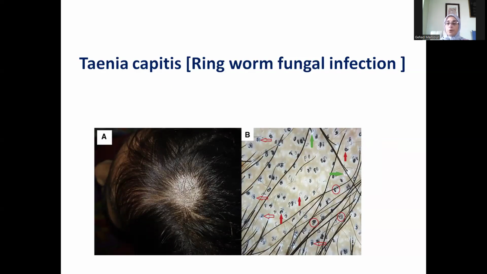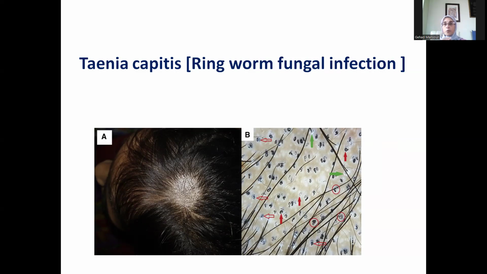Then we come to the present history. And in the present history, we start by analysis of the present complaint. What does it mean, starting by analysis of the present or main complaint?